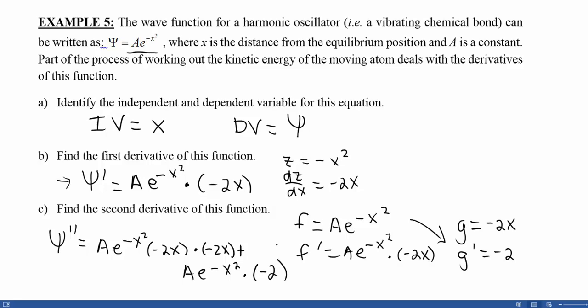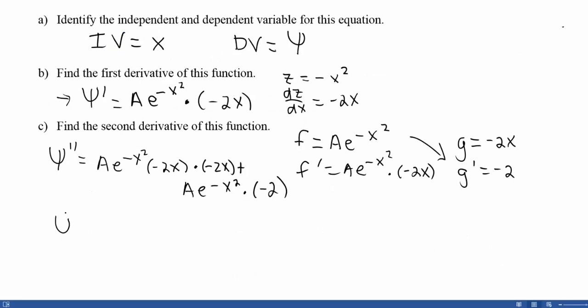Now we can simplify this a little bit with some of our algebra. From the first term, notice I have a negative 2x times a negative 2x. I can combine those, and that will simplify into 4x squared. So a e to the negative x squared times 4x squared.